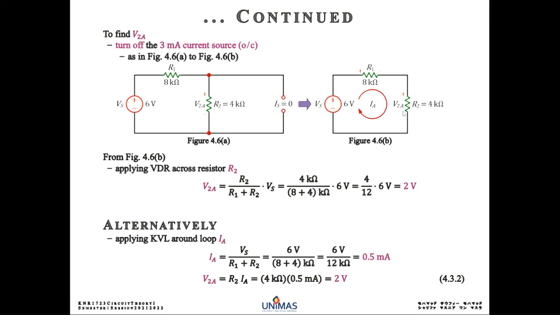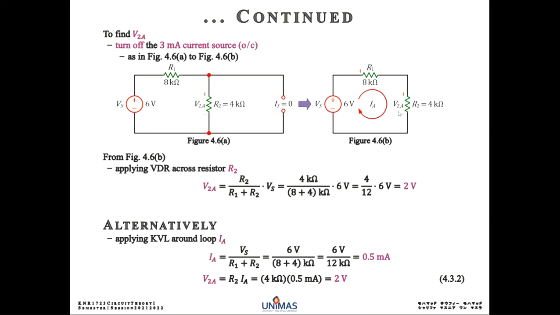VDR says that the voltage across that resistor is equal to that resistor value divided by the sum of the two resistors in series multiplied by the source voltage. So that V2A is R2 divided by R1 plus R2 multiplied by Vs. So you plug in all the values. So you have V2A, the voltage due to Vs only, is 2 volt.